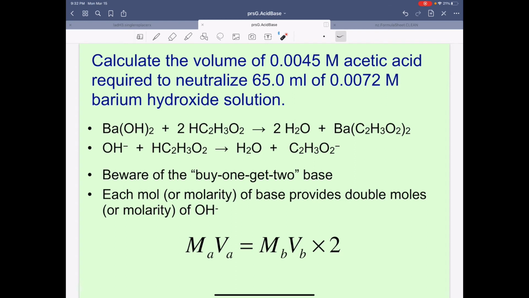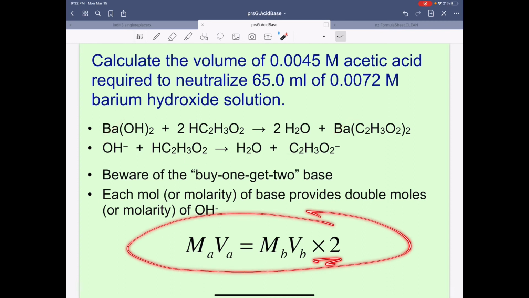In our net ionic equation, because this is a weak acid, yet this is a strong base, and this of course, barium acetate, will be soluble, we can cross the bariums off of our net ionic equation, but we cannot cross off the acetates. Now there's a little bit of a trick here.